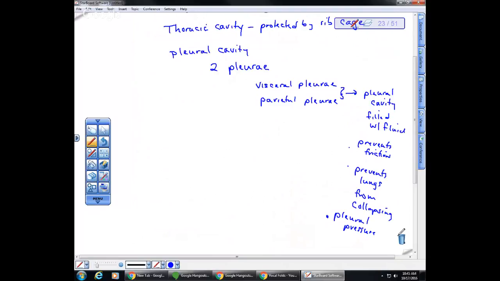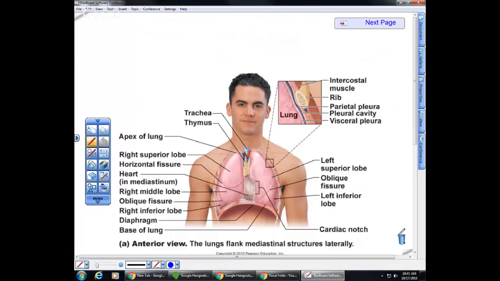Okay, so let's look at a diagram of the pleurae. So this is the location of the lungs. Notice that they're really well protected by the rib cage. That can also be a problem if a rib gets broken though, because it can also pierce the lung. And then we can see here that underneath it, we're going to talk about this muscle, which is the diaphragm. Okay.